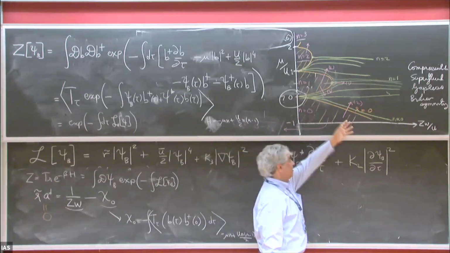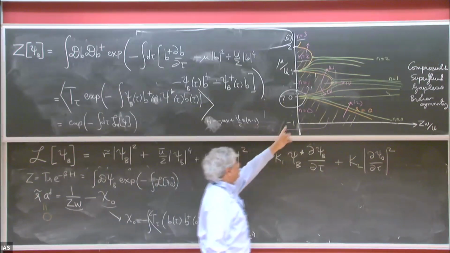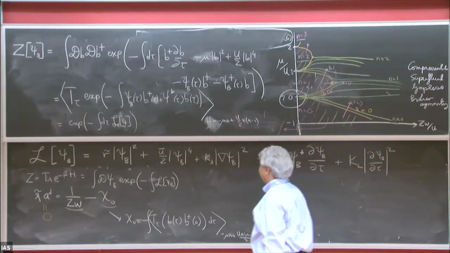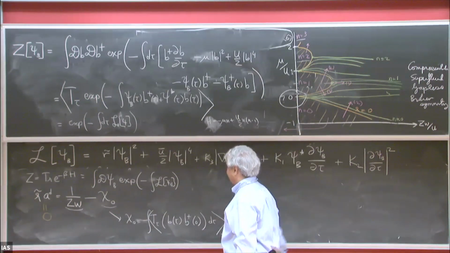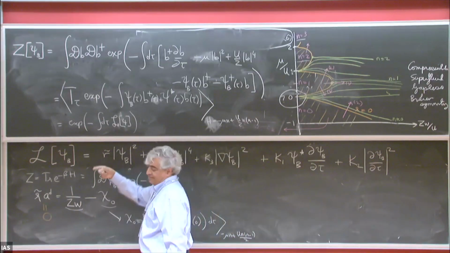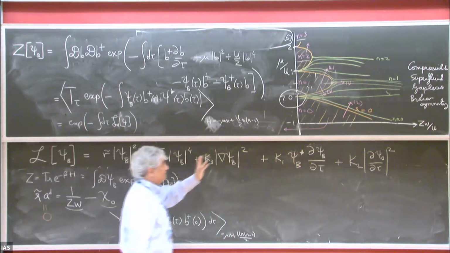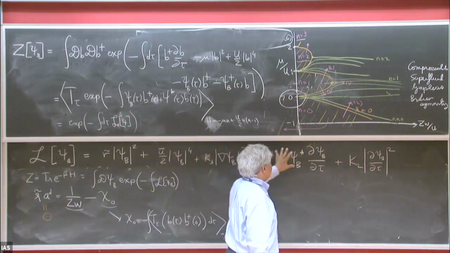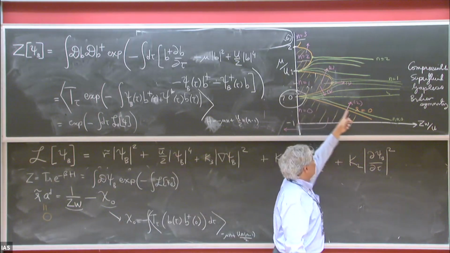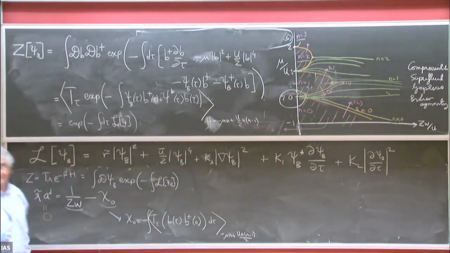And along this line, in fact, you're making no expansion. Along that first line, you get exactly the theory we had last time. K2 is exactly 0. K3 is just given by the band dispersion. U is just the actual U of the Hubbard model, and r is just the chemical potential. So at least at 0 temperature, this theory is kind of trivial and is exactly the Bogoliubov theory we talked about last time along this line. But along the other line, it's complicated. We don't know exactly what it is.